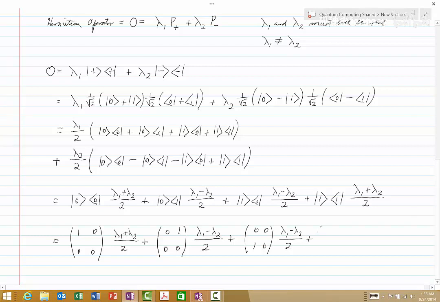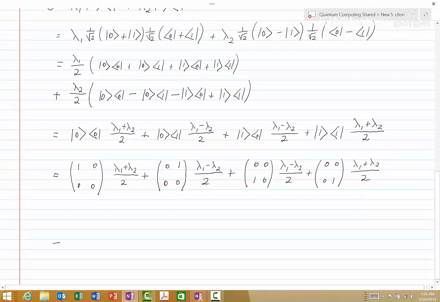And finally, the matrix corresponding to the |1⟩⟨1| operator is [0, 0; 0, 1], and then we have (λ1 + λ2)/2.